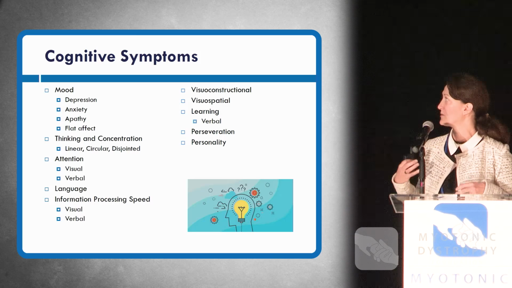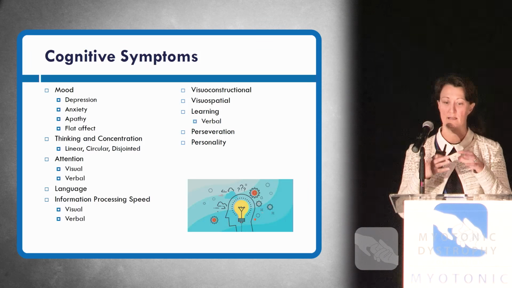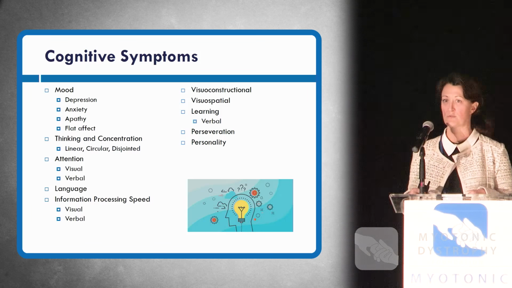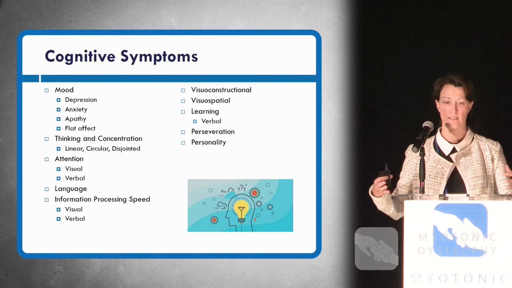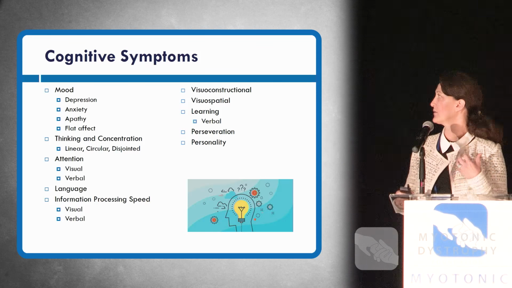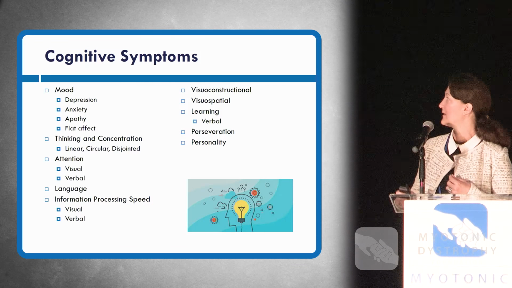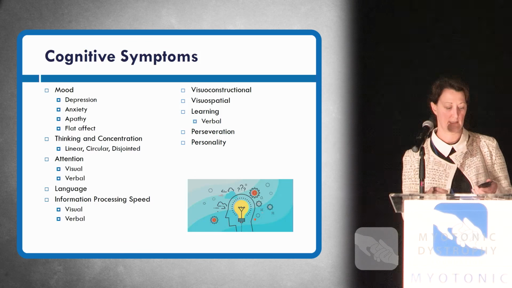And then visual constructional abilities, so being able to put things together, to construct things, visual spatial understanding of where you are in the context of your environment. And then learning, so there are some verbal learning problems, perseveration, and personality changes.